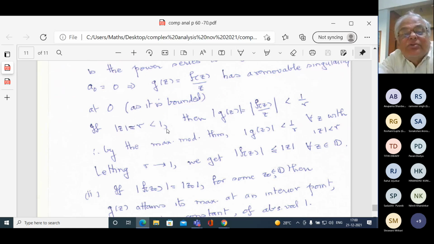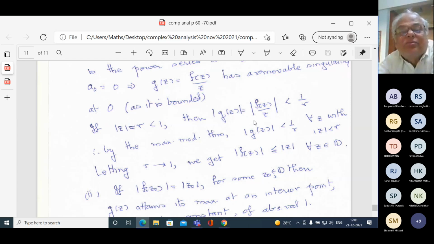For each |z| equal to r, which is less than 1, |g(z)|, which is |f(z)| by |z|, is less than 1 over r, okay? And therefore, this is what happens for |z| equal to r.